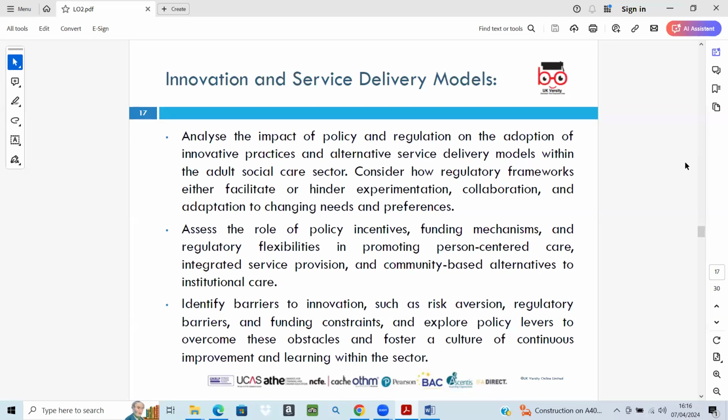And we have to explore policy levers that can overcome these obstacles. We take measures such as regulatory sandboxing, allowing for controlled experimentation, financial incentives for innovation, and support for research and development in care models. This is what we do with the innovation and service delivery model.